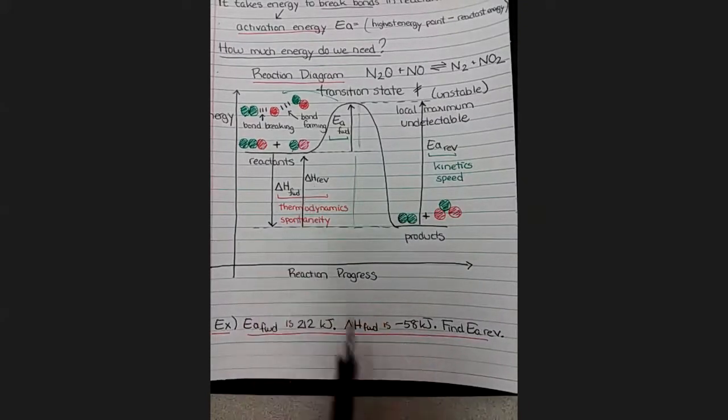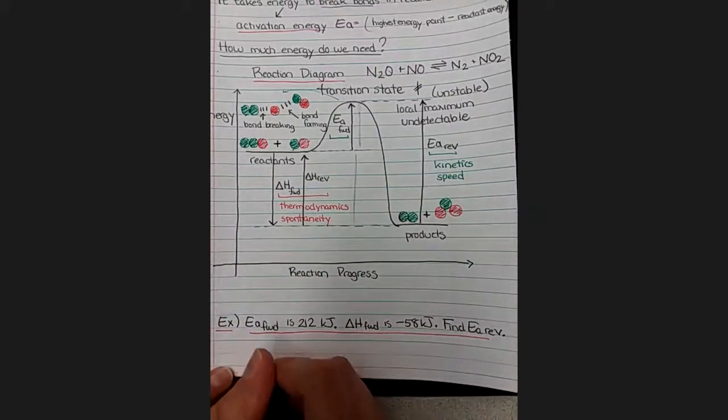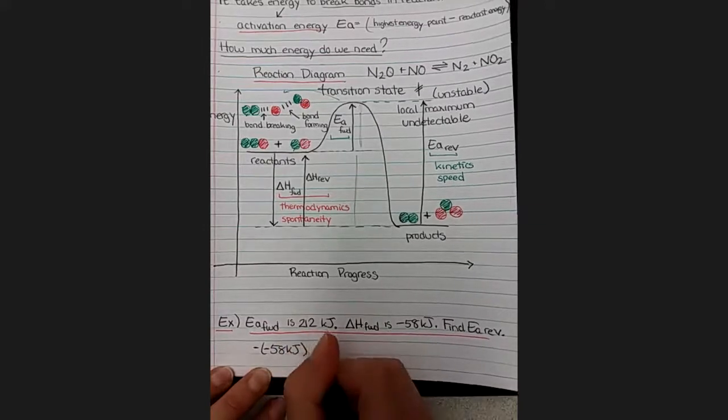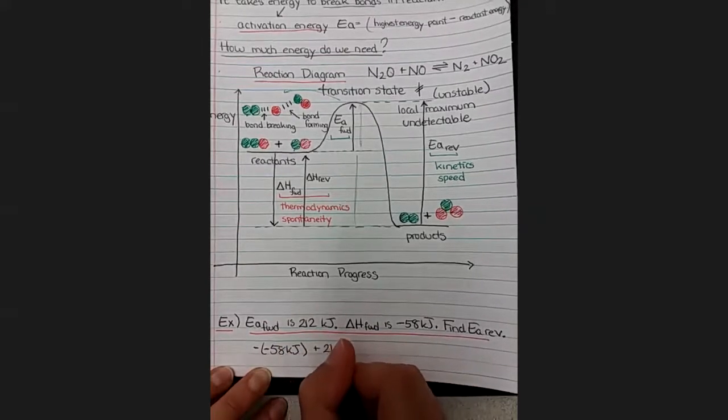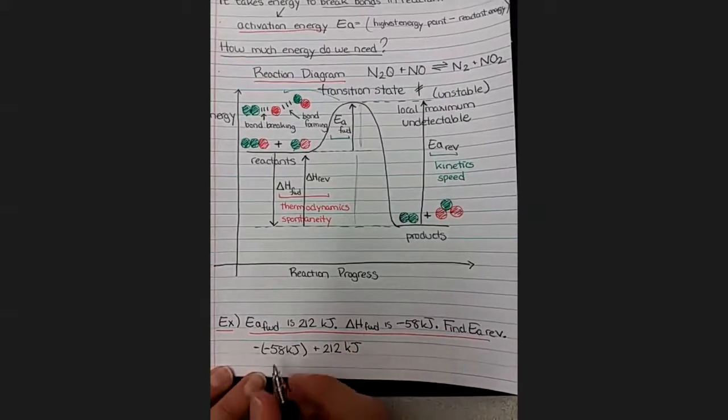And we don't have delta H reverse, we have delta H of forward, so we'll need to take the negative of that number. So we will do the negative of negative 58 kilojoules, and we'll add that to the 212 kilojoules.